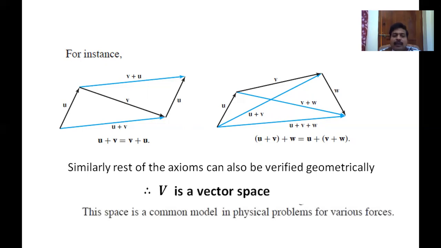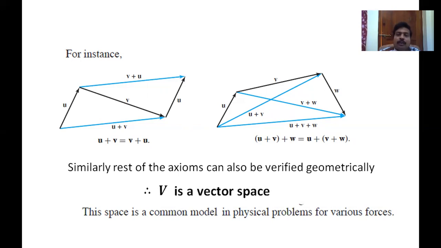This space is a common model in many physical problems of various forces: magnetic force, electric force, gravitational force, and all such problems. Wherever some forces are applied, this model can be used. We have already proved that this is a vector space.